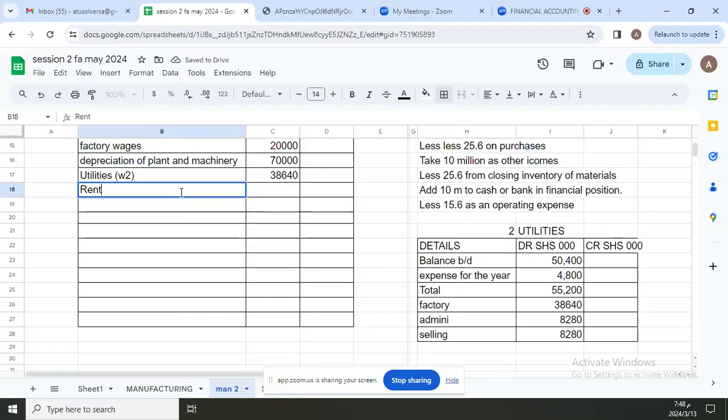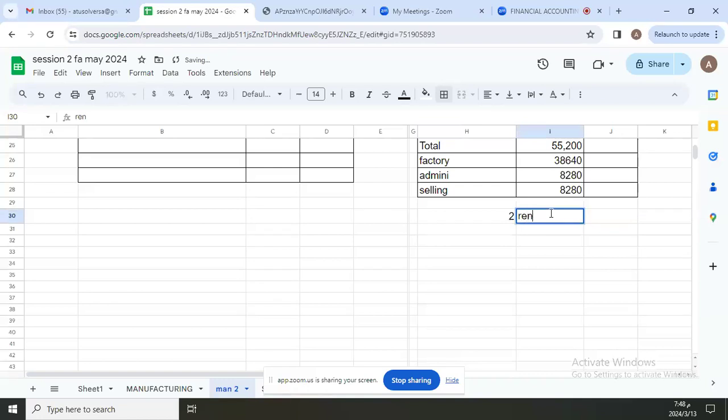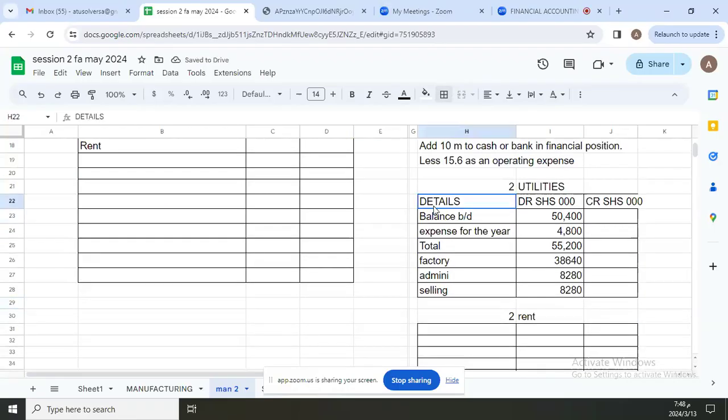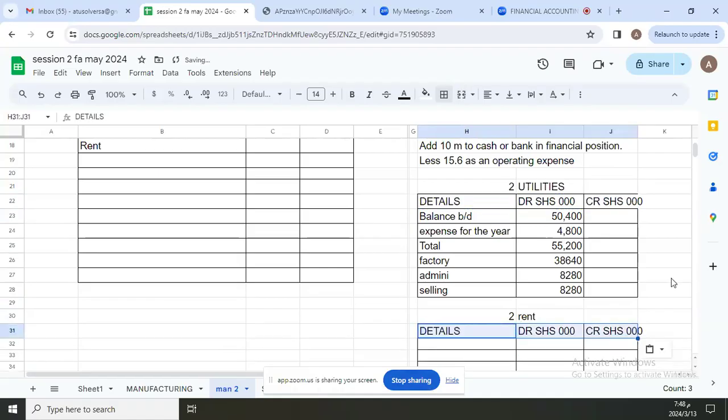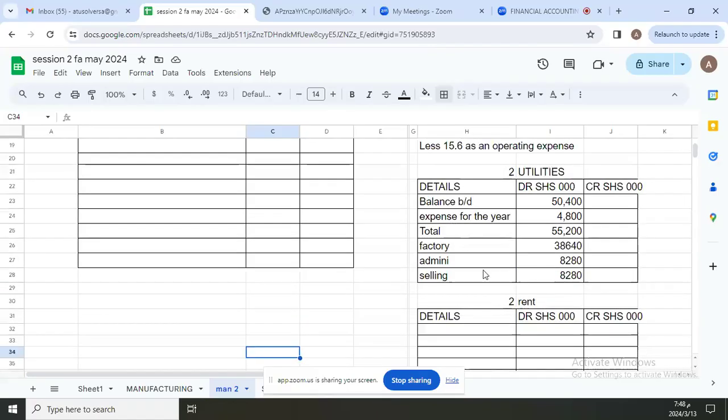I go to my rent. So my rent still, I will leave it at working too. I write here rent. I draw my table up here. Let me copy this. So this is what we would do.